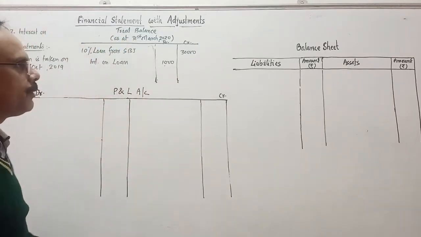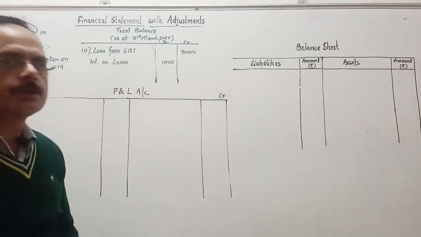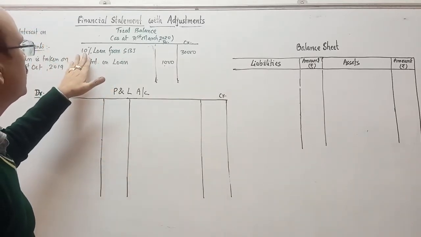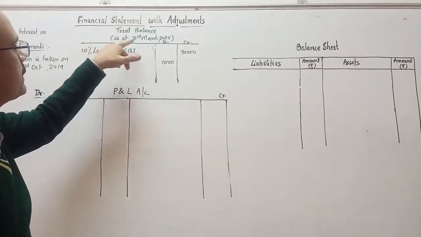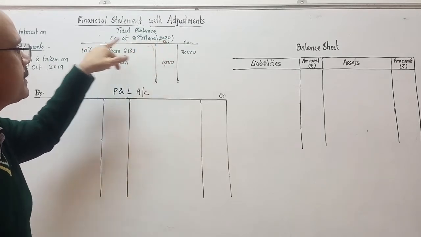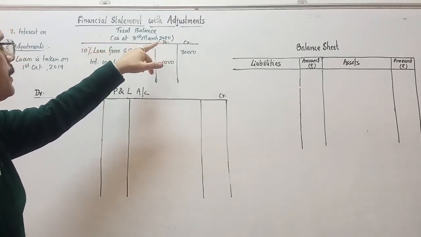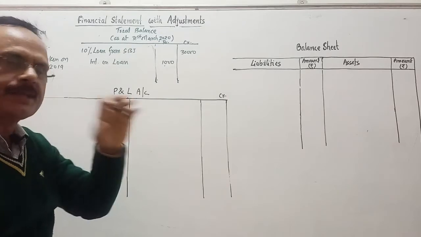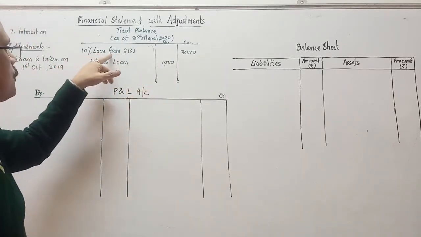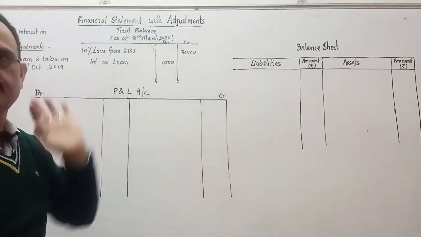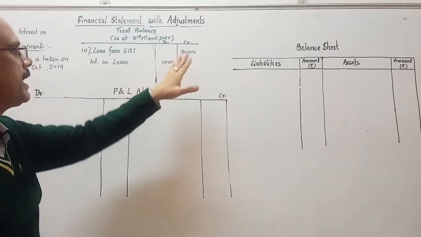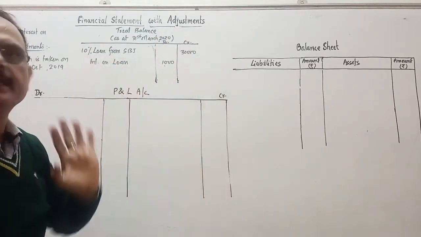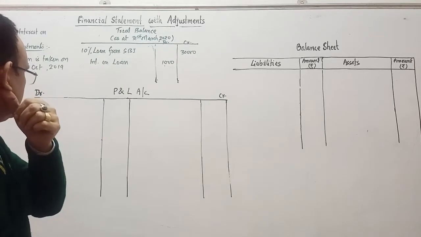Now take one example related to interest on loan. Suppose in the trial balance as at 31st March 2020, there is a 10% loan from SBI of 30,000. This is reflected in the credit side of the trial balance.